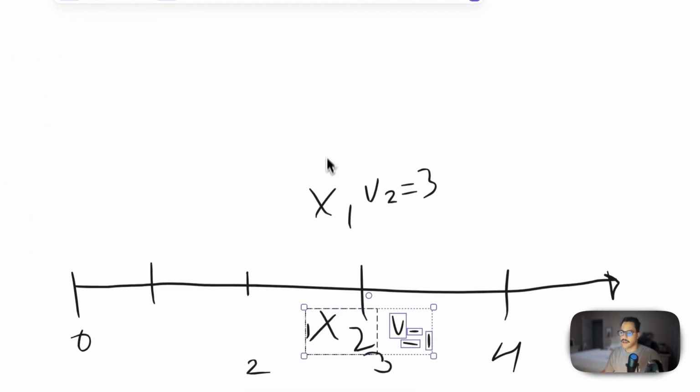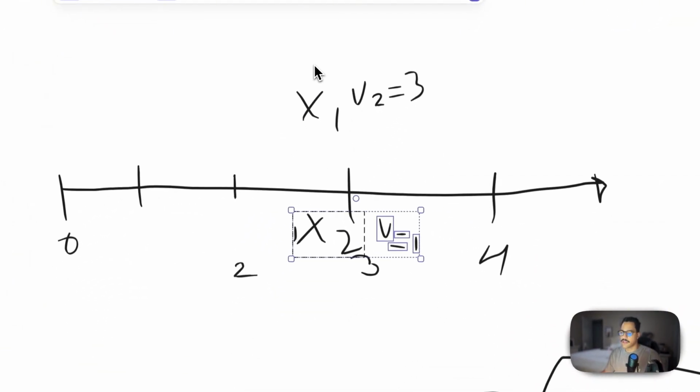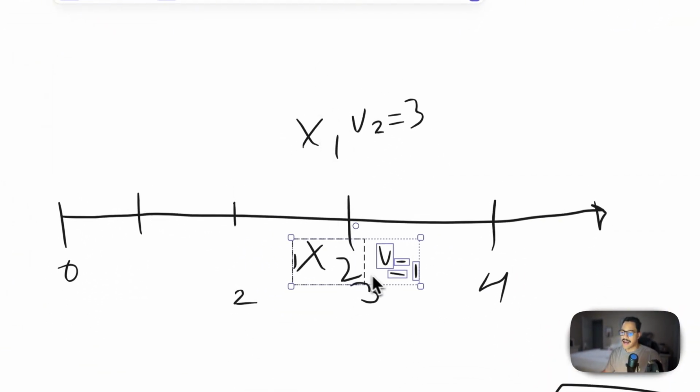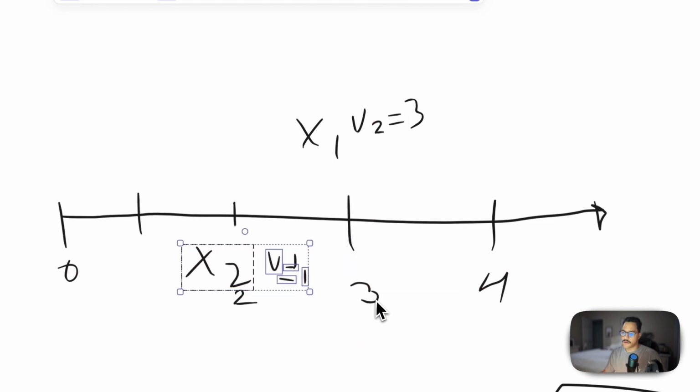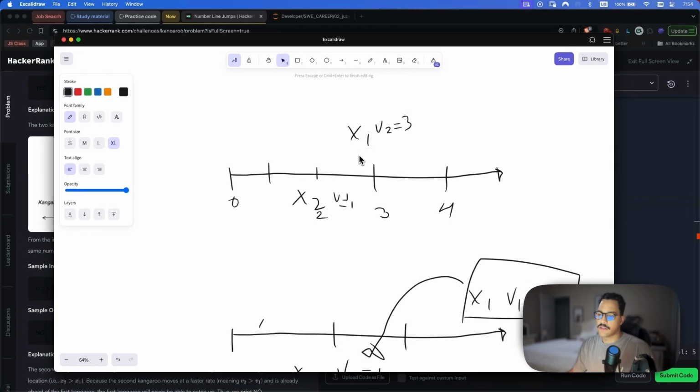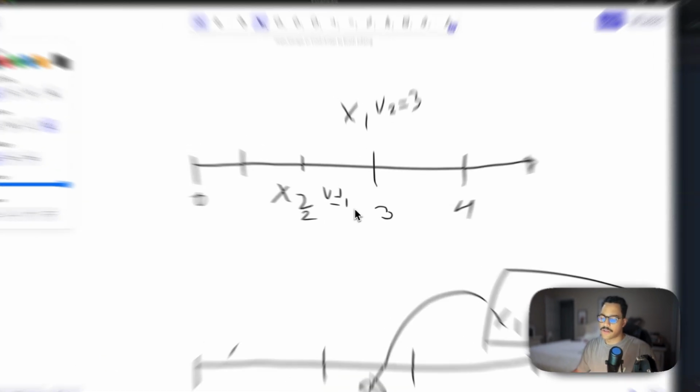There's definitely a formula for this, because we don't have to return where they meet. It would be different if we had to return the point in time where they meet. But definitely we need to find differences here.